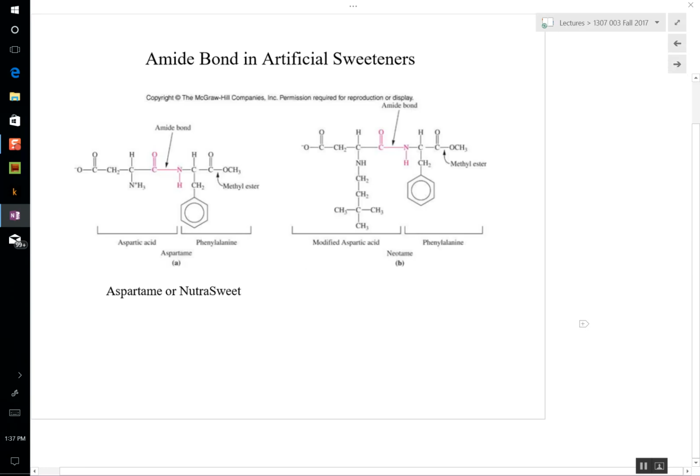Artificial sweetener, aspartame. You've got an amide link holding two amino acids together. This is a modified amino acid. It's not phenylalanine in its normal, natural state. It has this ester linkage on there. Ordinarily, that would end with an O out here, phenylalanine, but they've made the methyl ester of it.